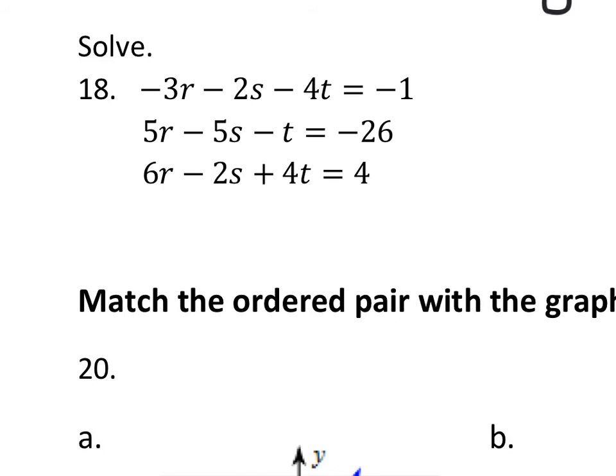Okay, so one of the things that you need to do when you're putting these equations into the calculator, make sure that you're using the negative button and not the minus button for numbers that are negative. For the operation minus, you're going to go ahead and use the minus button. So for these buttons, you would use the minus.